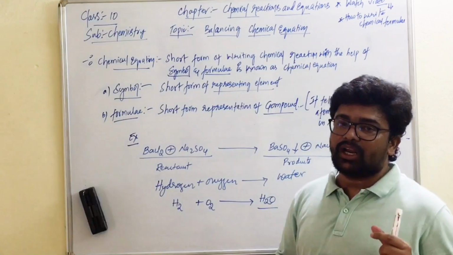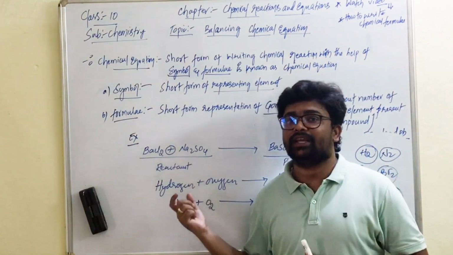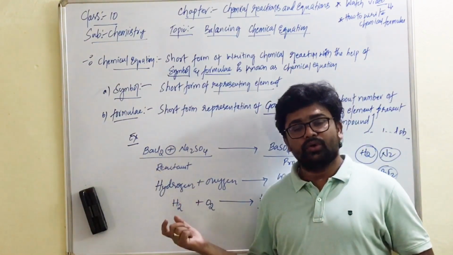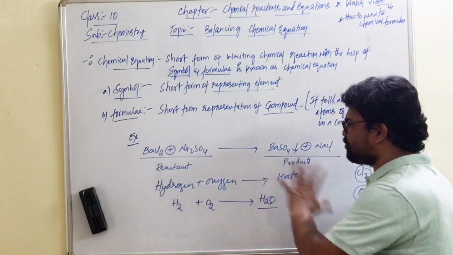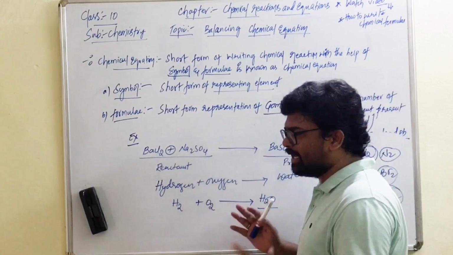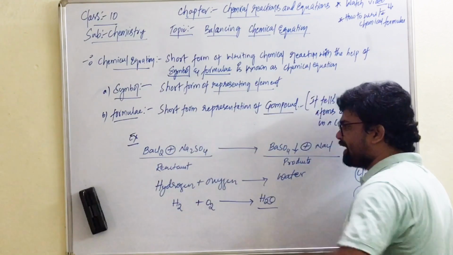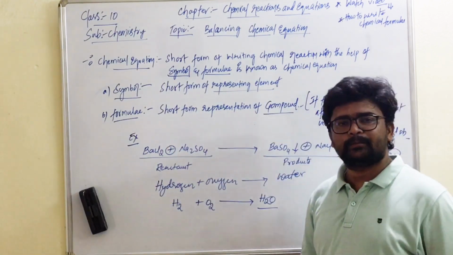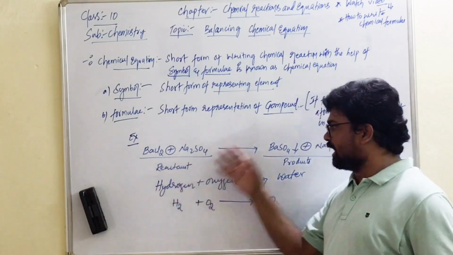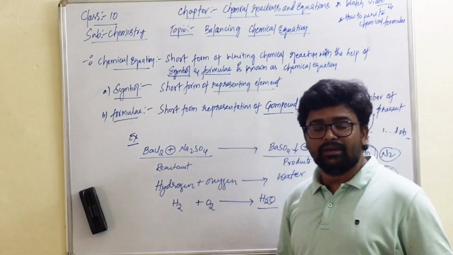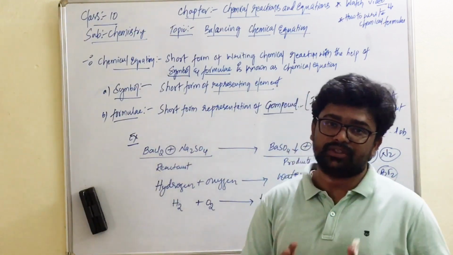What actually happens in these reactions is the arrangement of atoms, bond making and bond breaking, among themselves. That is the reason why the number of atoms before and after a reaction should be equal, according to the law of conservation of mass.